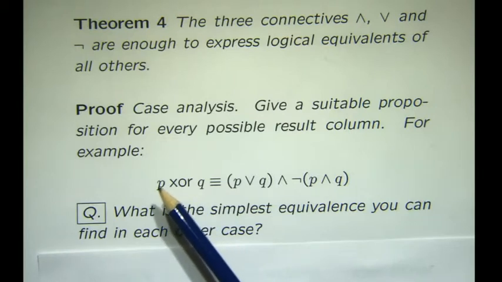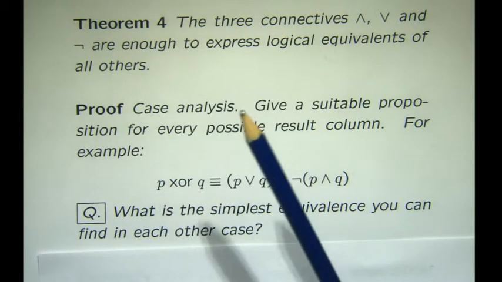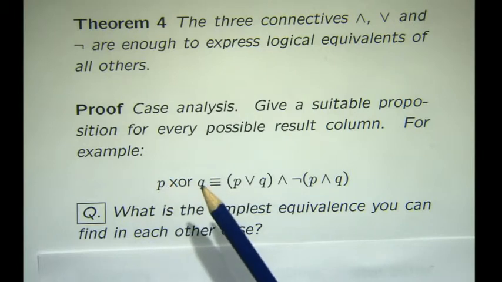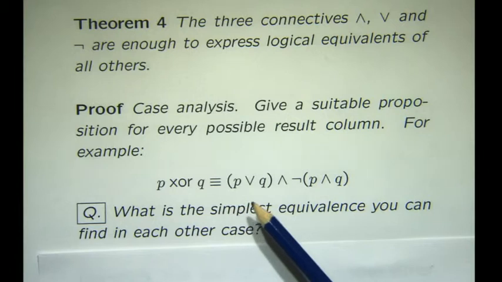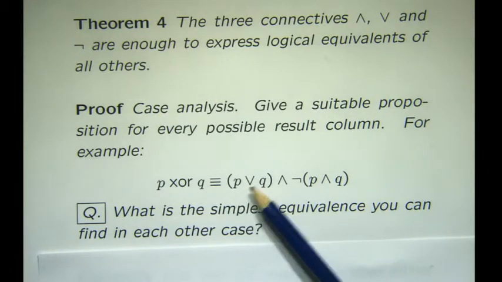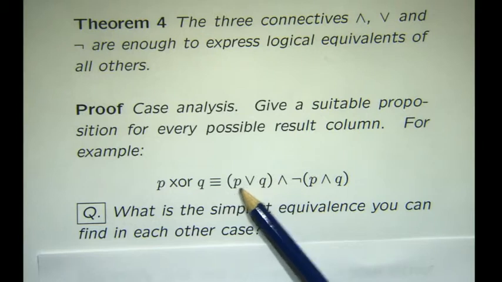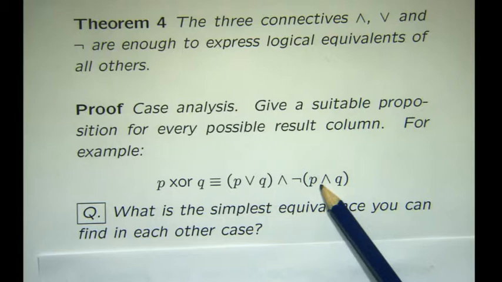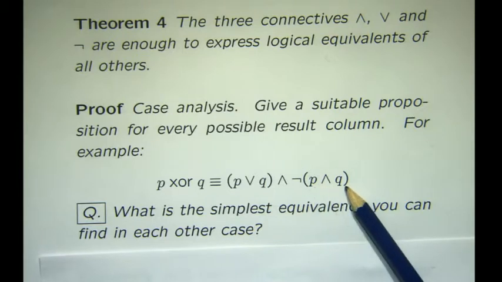And say, all right, notice the point I was making a moment ago. Of course, it's much shorter just to say P XOR Q. But it is possible to say it without exclusive OR. Here's one way to do it, perhaps a fairly easy and natural way to understand. It's like the inclusive OR, P or Q, but in addition, we want to rule out the case where both P and Q are true.